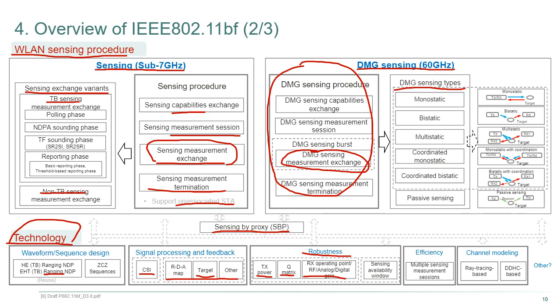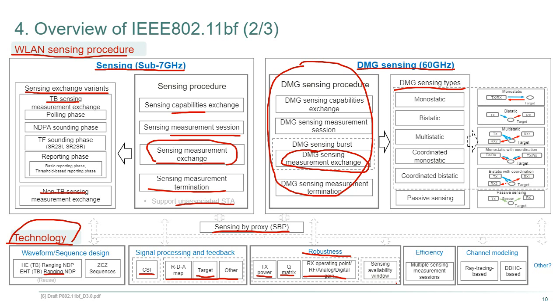That is basically the whole picture of our standard. If you are interested in these details, you can refer to our draft, or I think our editor Claudio in the past gave some tutorials with more detailed information about our standard. But basically the whole picture is something like that, including procedures and technologies.